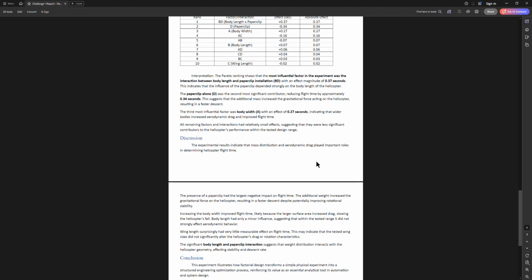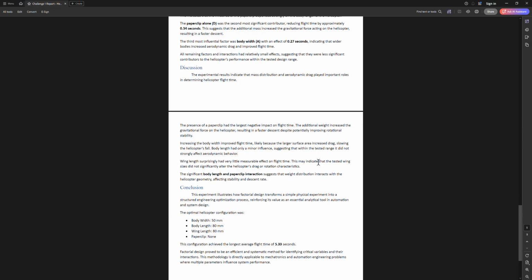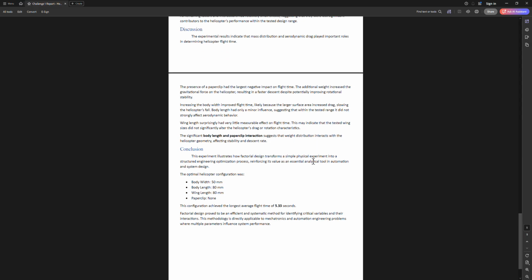To conclude, the factorial design experiment successfully identified the most influential factors affecting the helicopter flight time. The optimal configuration used a wider body, shorter body length, shorter wings, and no paperclip.